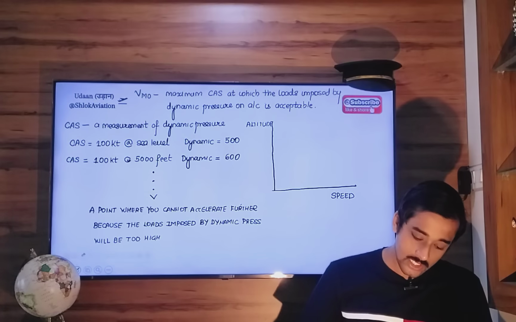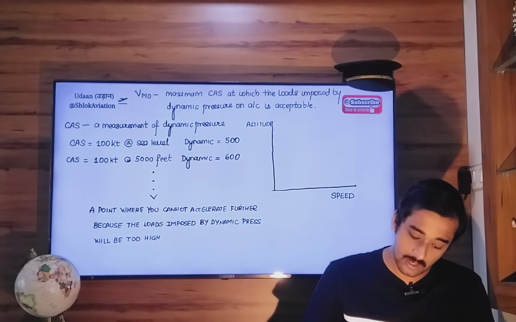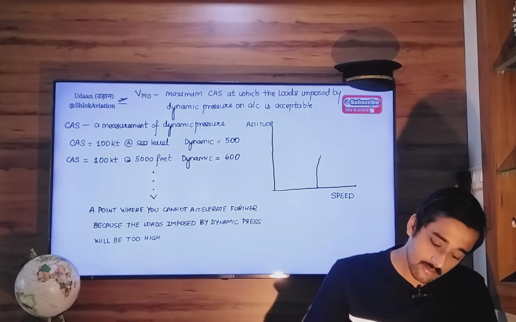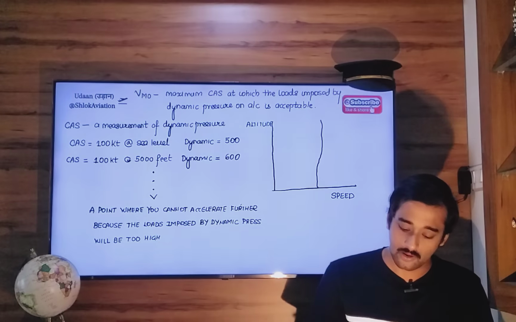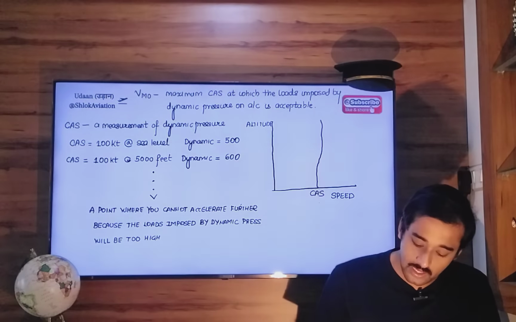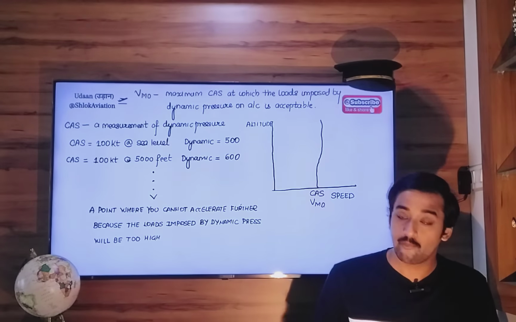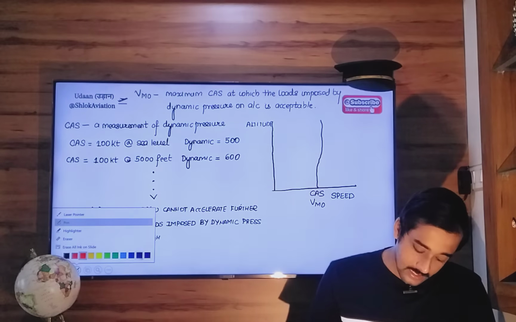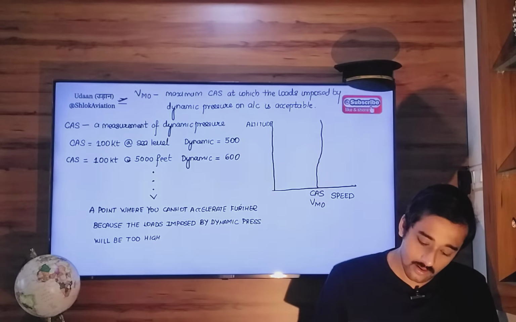So VMO, which is a constant calibrated airspeed, maximum calibrated airspeed, will be represented by same constant line. Okay, calibrated airspeed VMO. But maximum operating Mach number will be represented by a higher speed like this.